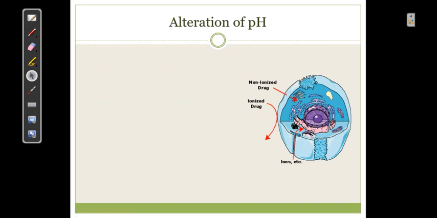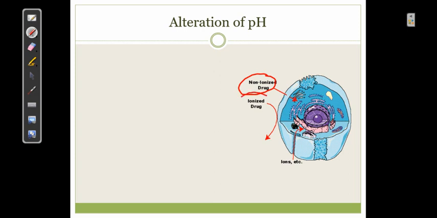Now you are well aware, as we have discussed, that if a drug is in non-ionized form, then it is definitely lipid soluble, and you know that the cell membrane is a phospholipid bilayer, so like dissolves like, and that's why non-ionized drug gets easy entry through diffusion into the cell membrane and into the cell.